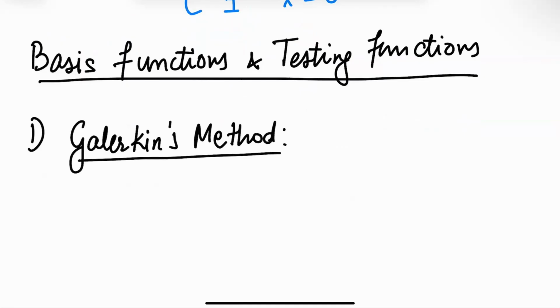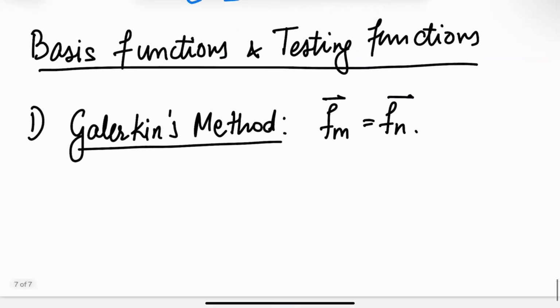In this method, essentially the basis function and the testing function are chosen to be the same. So we use the same set of functions for both the basis and the testing. That's what Galerkin's method is, and that's the most popular, shown to work well, and so on and so forth. How do you actually choose them? What kind of functions to use?